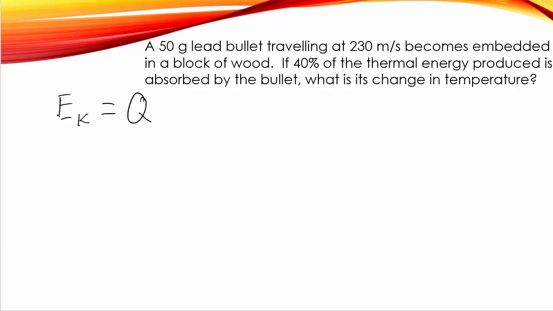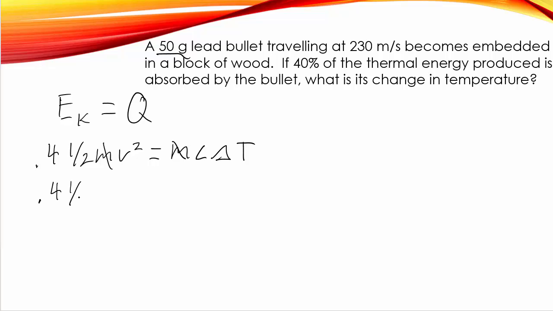So if we say that all of the kinetic energy becomes thermal, but only 40% of it goes to the bullet, we can say that 40% times 1/2 mv squared goes into changing the temperature of the bullet, so it goes to mc delta T. So this is our setup here. It turns out we didn't even need the mass of the bullet because the mass cancels out.